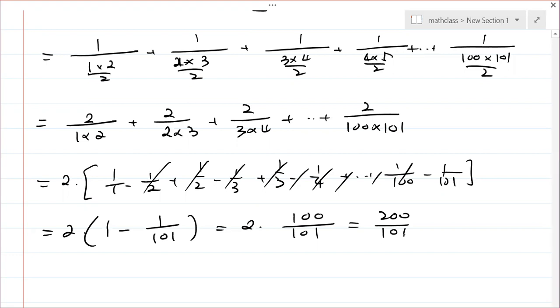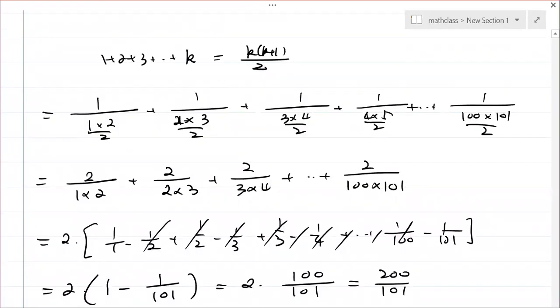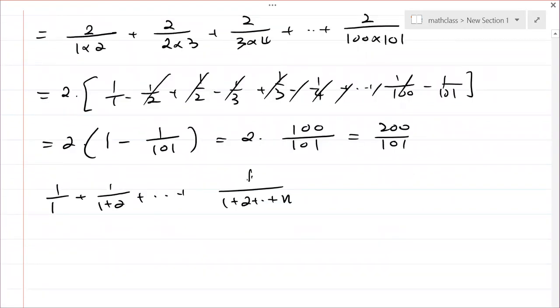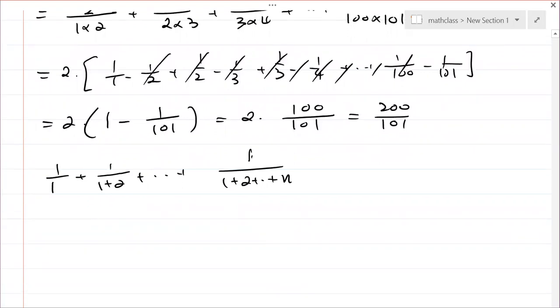If you add all the numbers together, we can even get a general formula. Probably this formula already shows up in Ramanujan's published notes. So the general formula is 1 over 1, plus 1 over 1 plus 2, all the way to 1 plus 2 up to n. If we have time, let's find the formula.